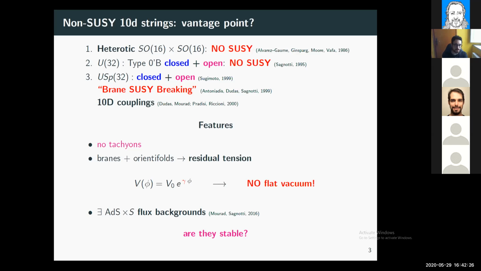And this makes all the difference, since the total tension of these objects does not cancel out anymore, hence inducing this exponential potential for the dilaton again, albeit from a different source. This configuration breaks supersymmetry in the open sector, hence the term brane supersymmetry breaking.